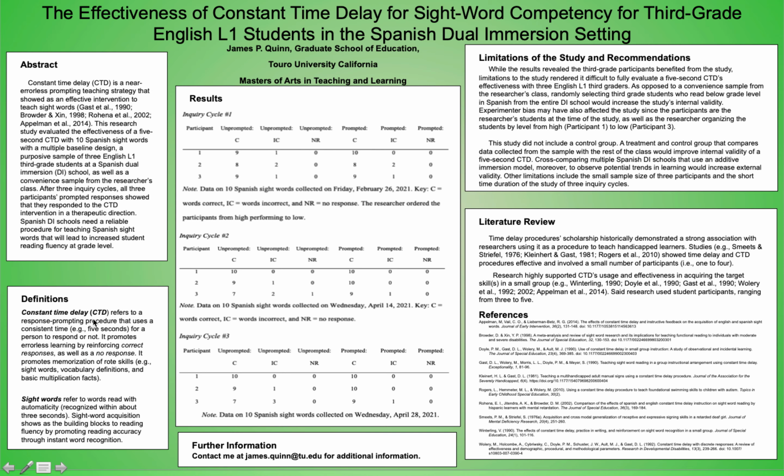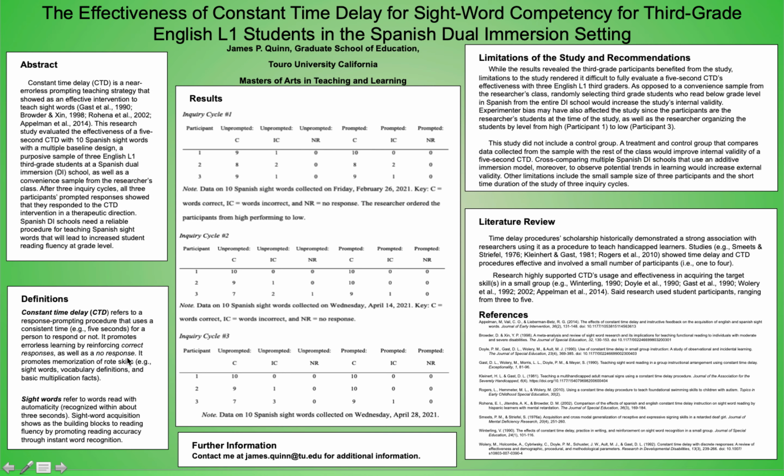Some important key terms to go over include constant time delay, as I said, CTD. It refers to a response prompting procedure that uses a consistent time, such as 5 seconds, for a person to respond or not. It promotes errorless learning by using prompts, and it reinforces correct responses as well as no response.